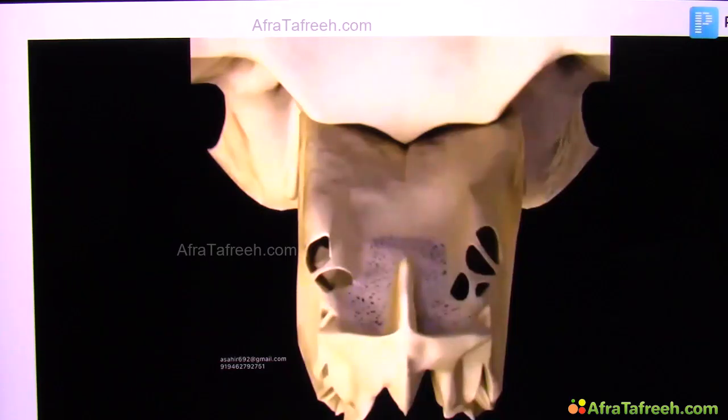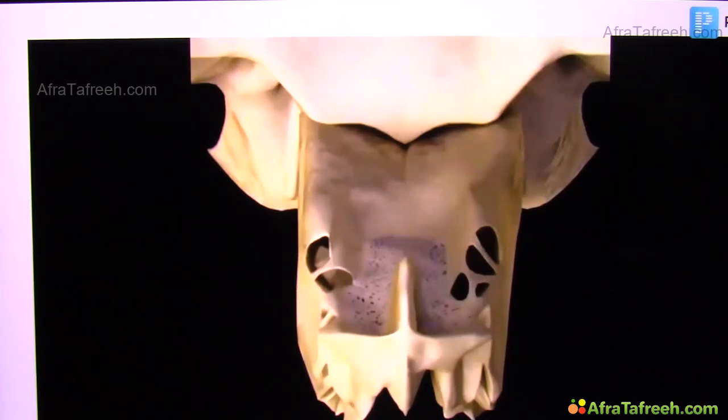We have the olfactory nerve fibers. There is an olfactory bulb above the cribriform plate. From the bulb come out the olfactory nerve fibers. They go through the cribriform plate and supply the superior part of the nasal cavity, where they form the sense organ known as the olfactory fossa.